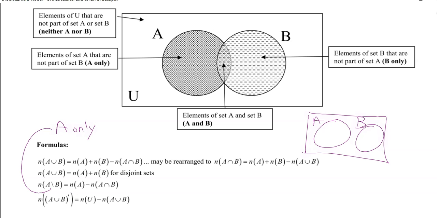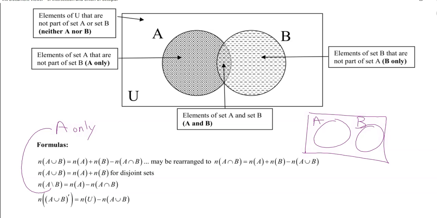On the diploma exam they'll say the number in A or only A. So it's the number in A minus the number in the intersection, because those things are in both A and B. We just get rid of the ones that are in both.